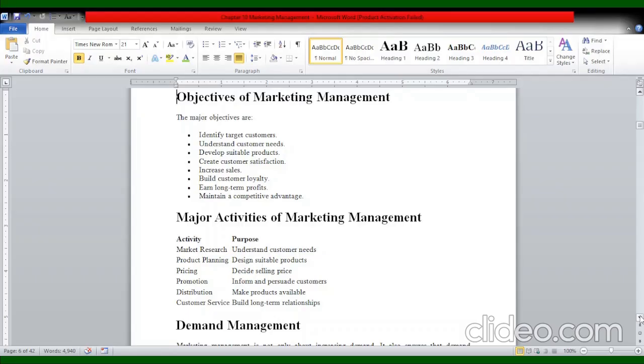So this is how your marketing objectives will help you capture the market in a wide variety of ways. Now, what are the major activities of marketing that you usually perform? As we have already discussed, marketing usually starts from market research, in which you understand the customer need.